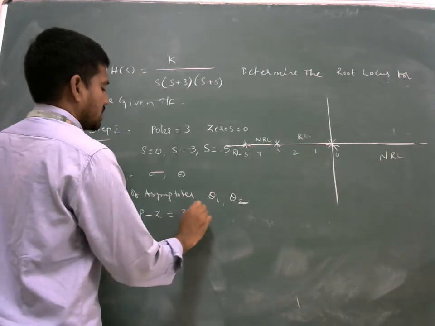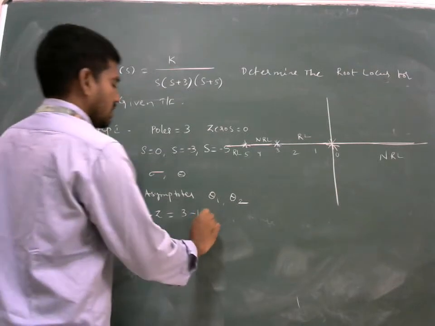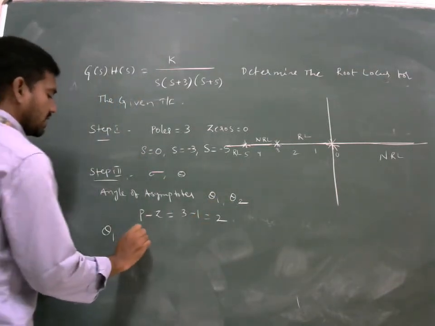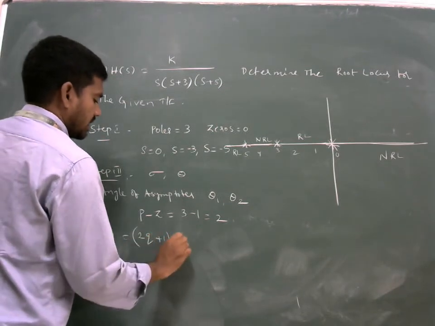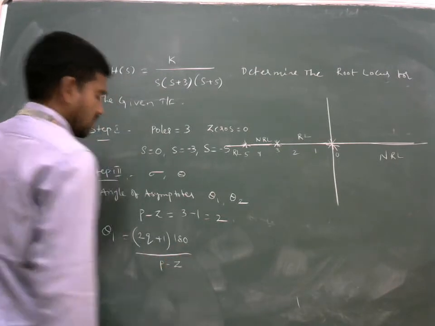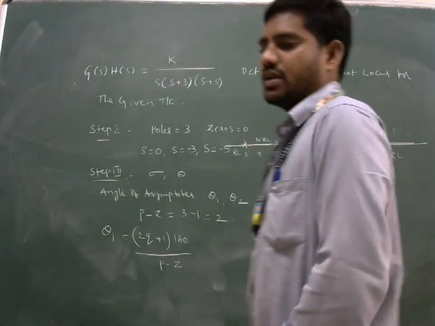And how many zeros are there? 1 zero. 3 minus 1 is equal to 2. We need to find theta 1, that is (2q plus 1) into 180 divided by (P minus Z).